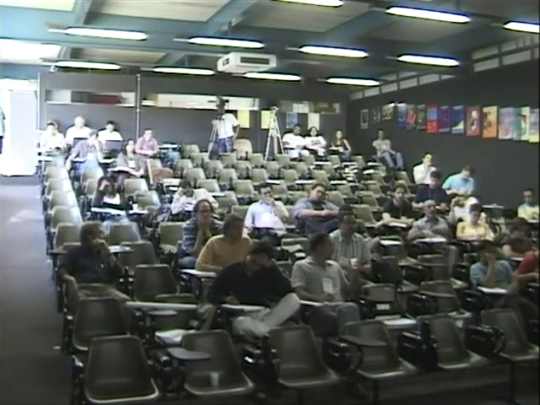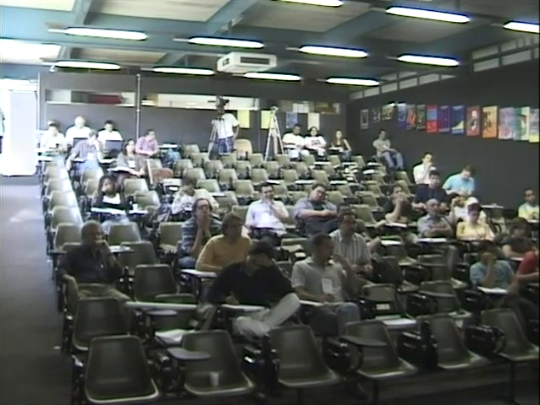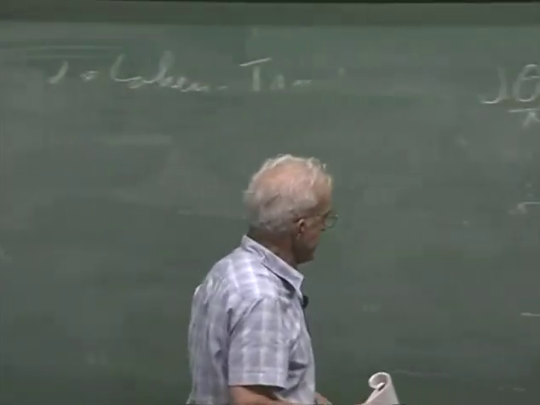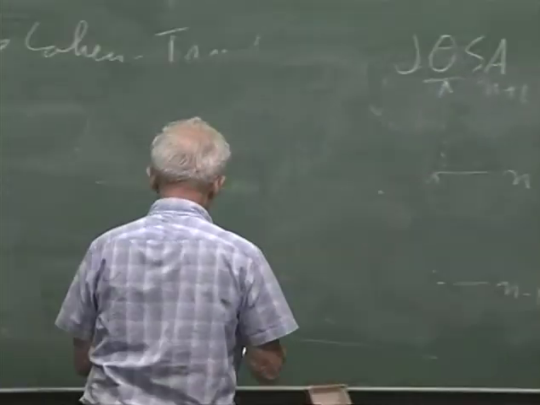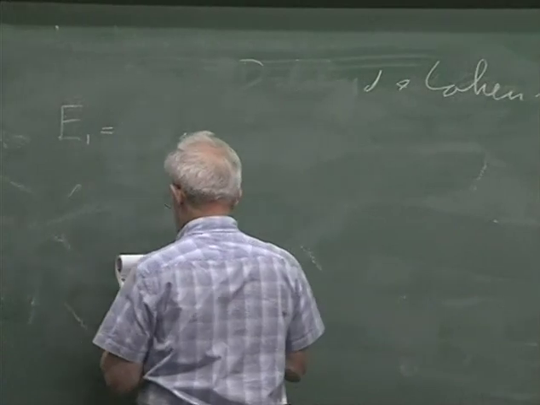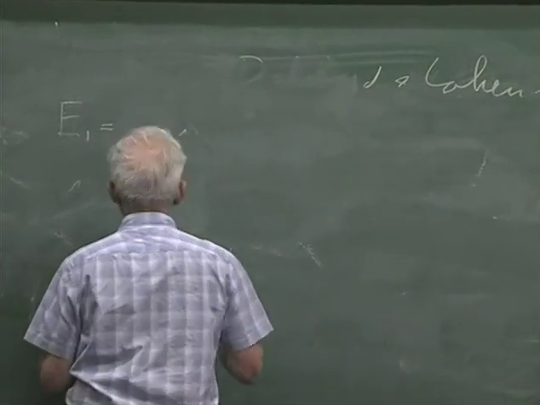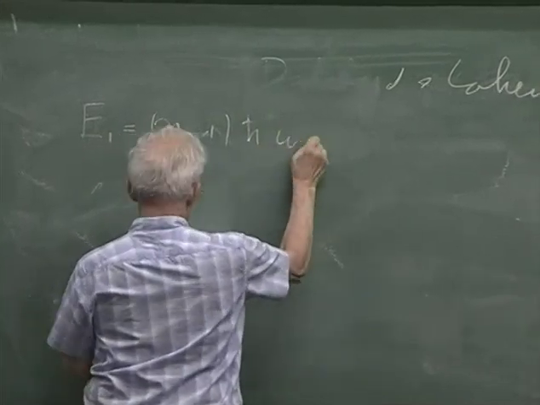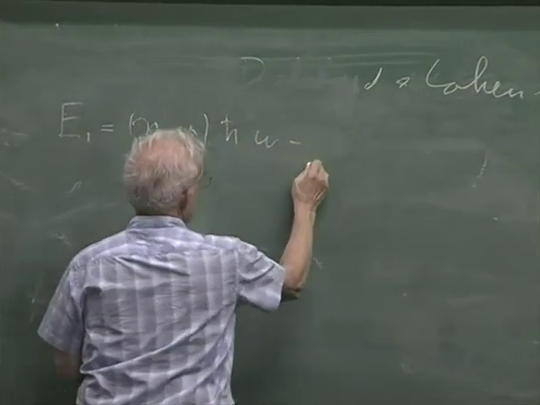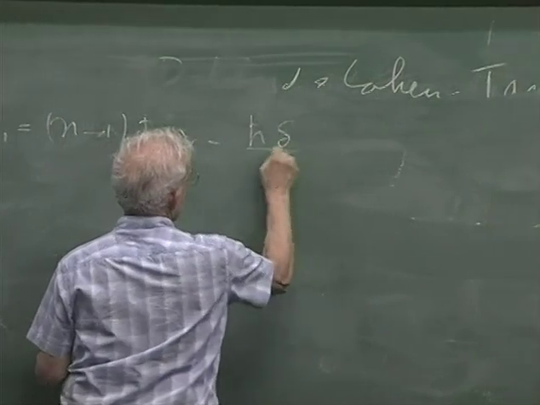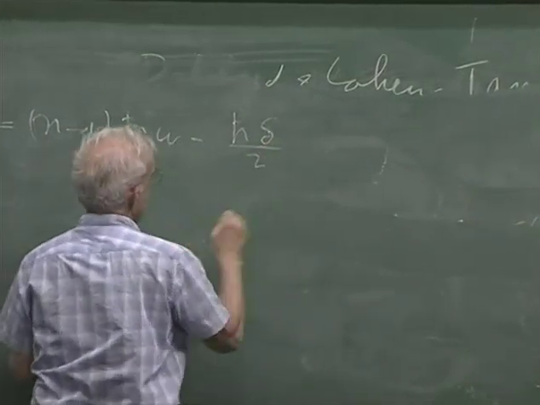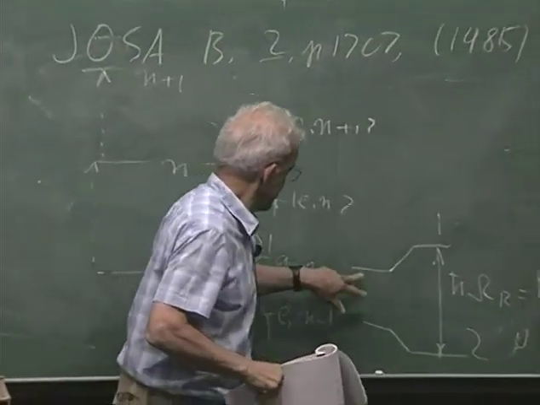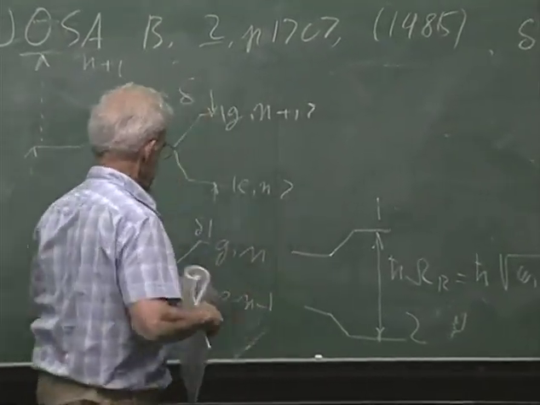Now, what are the energies of these states? Well, E1 is going to be the energy of the photon field. There I can write it just as n minus 1 times h bar omega minus h bar delta over 2. That is just the energy of this field over here.